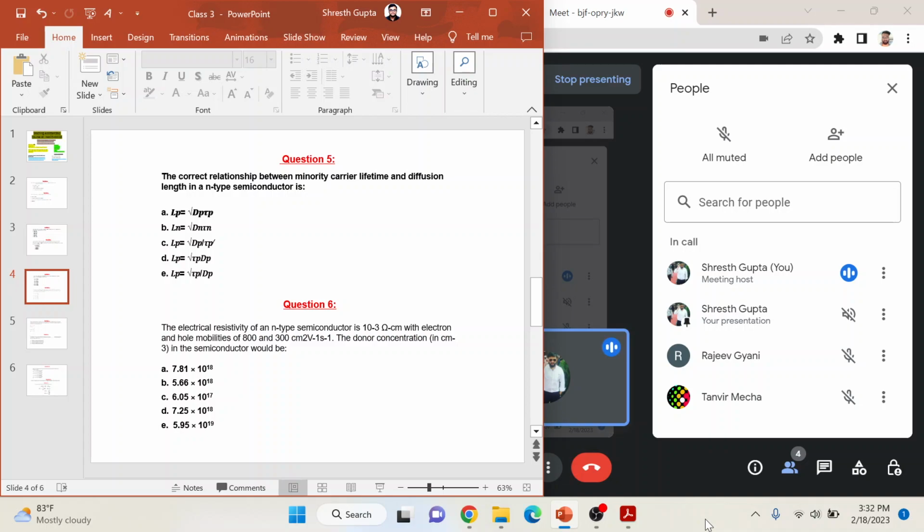Different domains are like solar cells, LEDs, photodetectors, and field effect transistors, FETs. Nowadays we are also trying it for hard radiation detection like X-rays and other things.